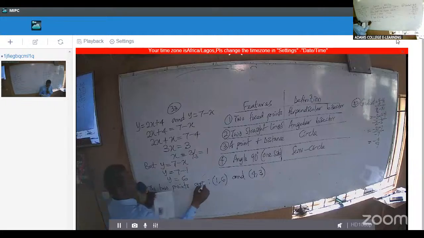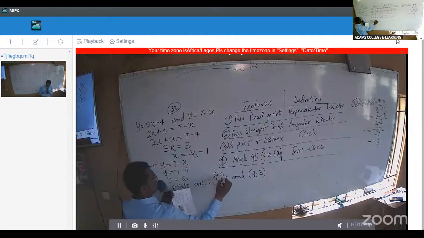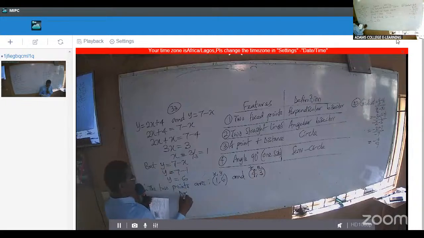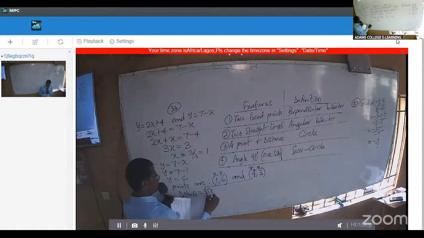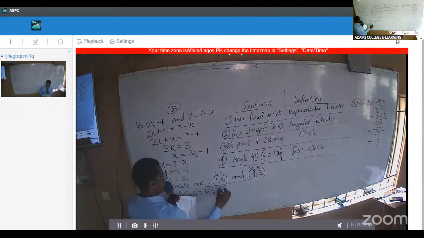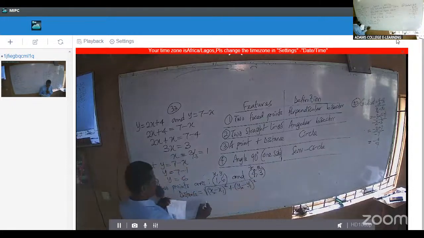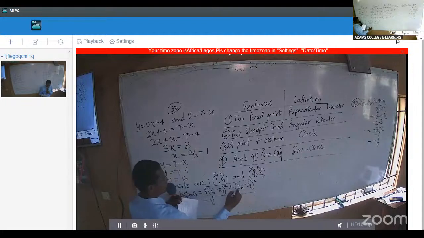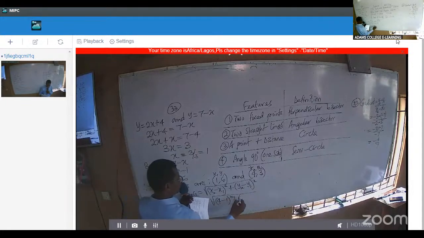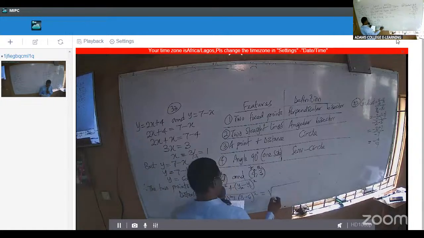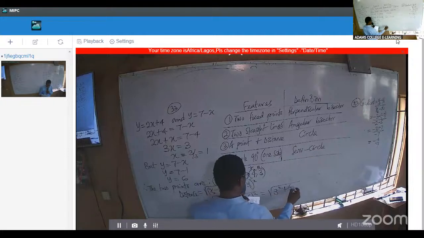And I say X1, Y1, and what class? Y2. So our distance will now be square root of X2 minus X1 all squared plus what? Y2 minus Y1. Very good. So what's your X2 now? 4. What's X1? 1 all squared. What's Y2? Minus 6 all squared. That will give 4 minus 1, 3 squared plus minus 3 squared.